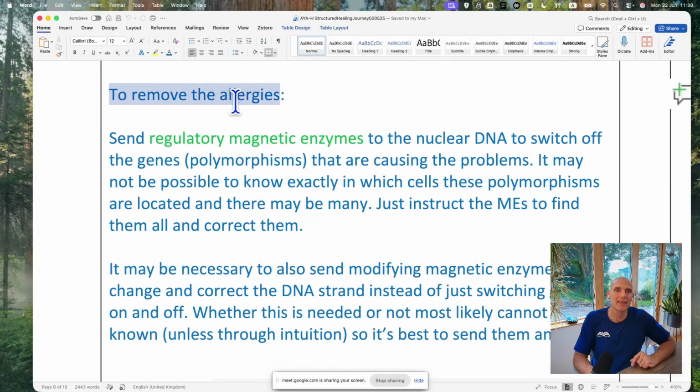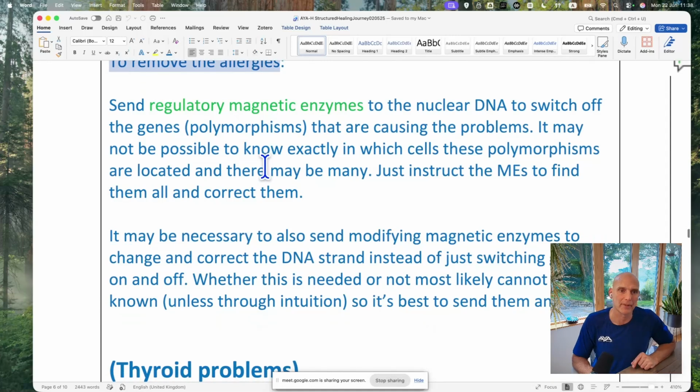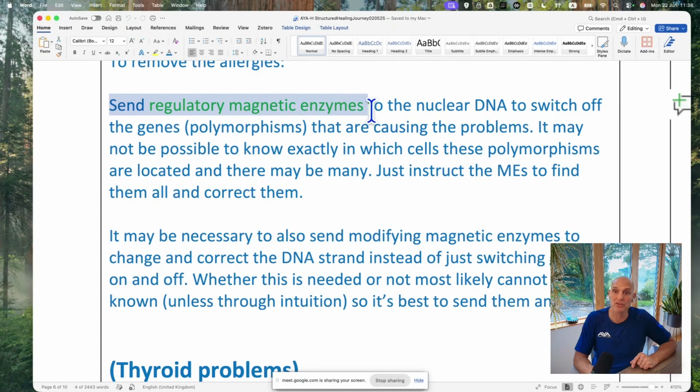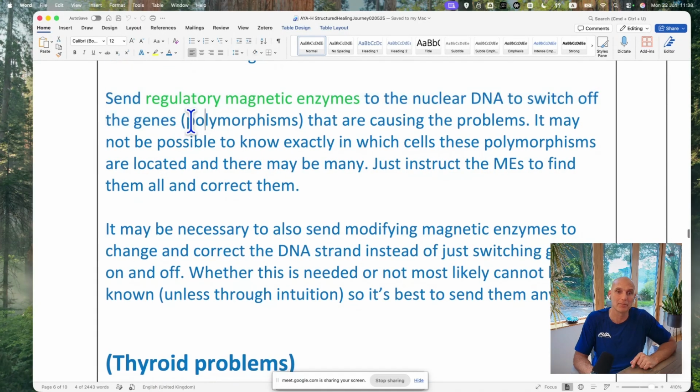And to remove the allergies, another couple of paragraphs that you can put in. Send regulatory magnetic enzymes to the nuclear DNA to switch off the genes (polymorphisms) that are causing the problems. So those gene mutations that are causing the problems of asthma, you can send magnetic enzymes to regulate them.